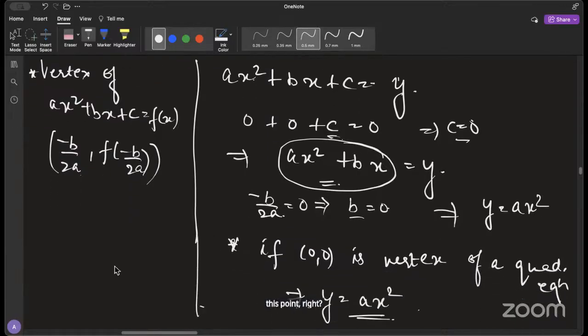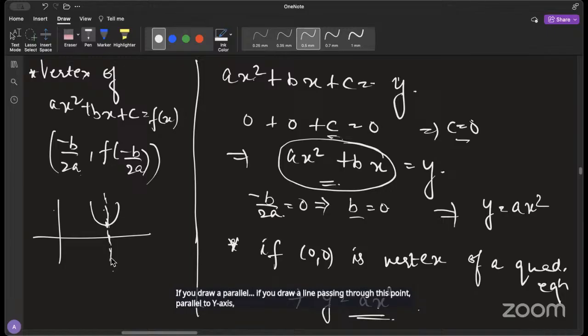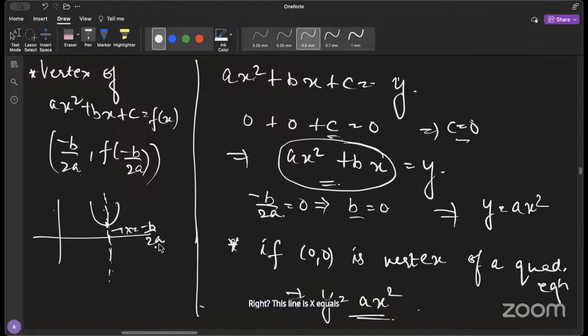Or graphically, it's this point where your axis of symmetry, if you draw a line passing through this point parallel to y-axis, this will be your axis of symmetry, which is also x equals to minus b by 2a, right? We discussed this. And where this line intersects this quadratic function, that's your point of vertex. And this point precisely is minus b by 2a and f of minus b by 2a, right?